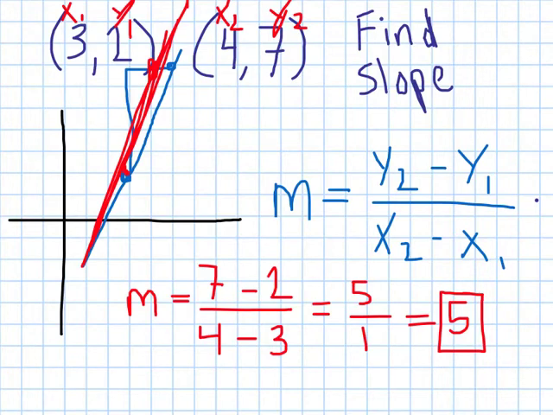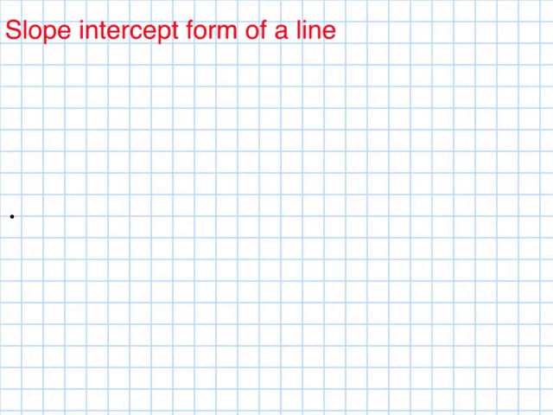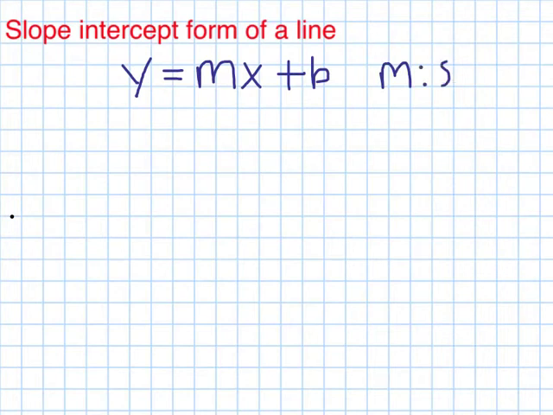Let's look at how we would actually use slope to graph. Let's take a look at the slope-intercept form of a line. You may have seen this before, but if you have an equation of a line, it can be written in this form: y equals mx plus b, where m is the slope and b is the y-intercept.